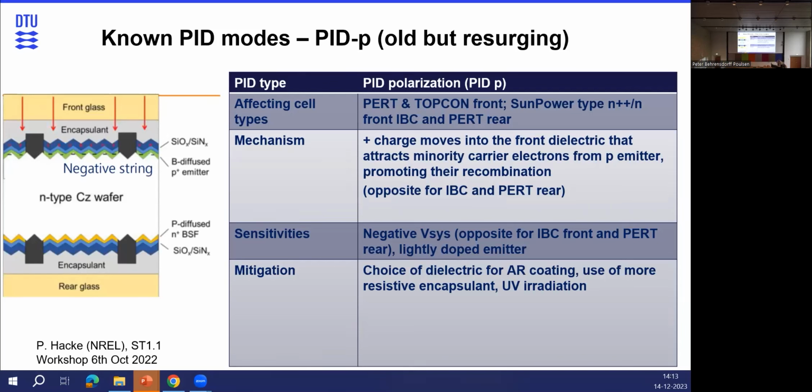For PERT, it could be that both the rear side and the front side are affected, but with different polarities. So again, module manufacturers need to include appropriate testing and mitigation measures.